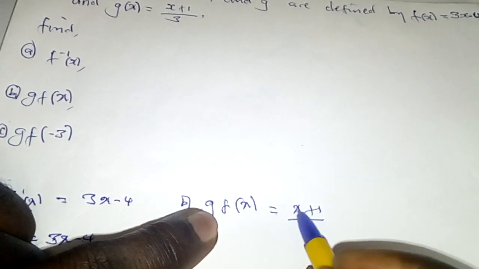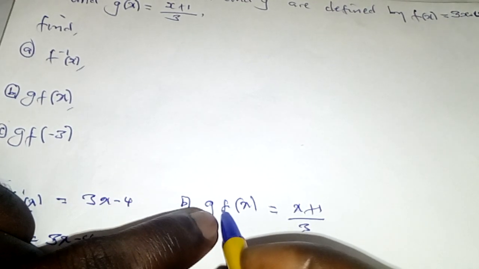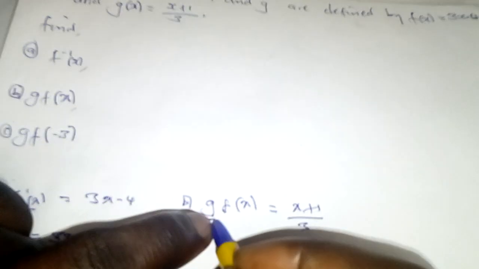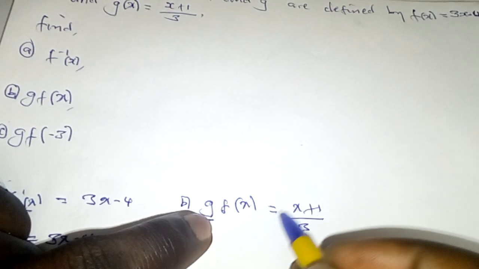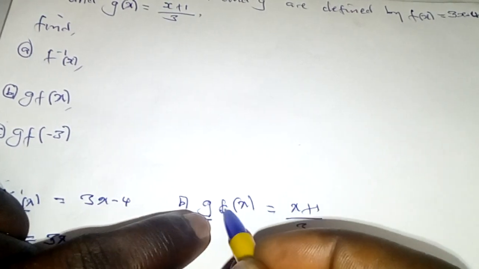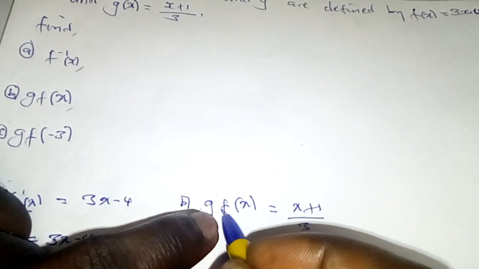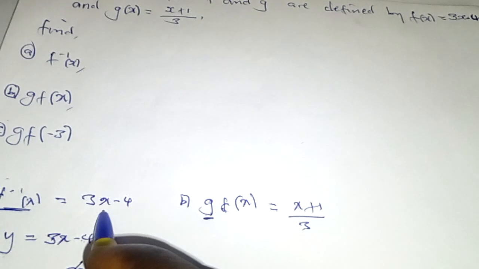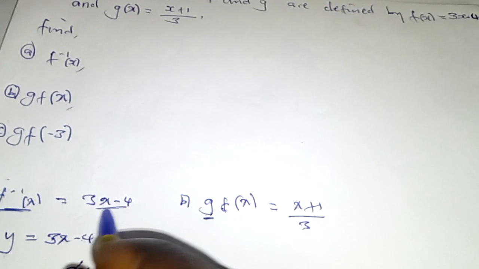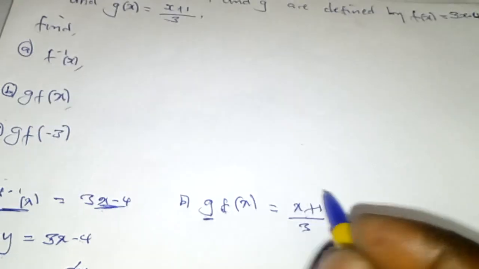We first write the function of the first letter, and in that function we insert the function of the second letter, which is f. In this case, the function of f is 3x minus 4.